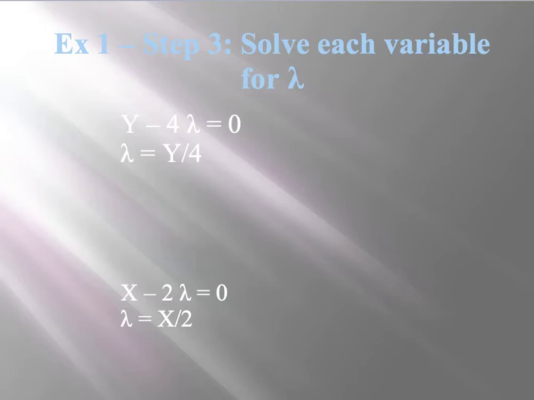So first things first, you do the first equation where we took the partial derivative with respect to x, and you had the y minus 4 lambda set equal to 0. You solve for lambda, and you should get lambda is equal to y over 4. And then you do the second set of equations where we took the partial derivative with respect to y, and you get x minus 2 lambda, set that equal to 0.